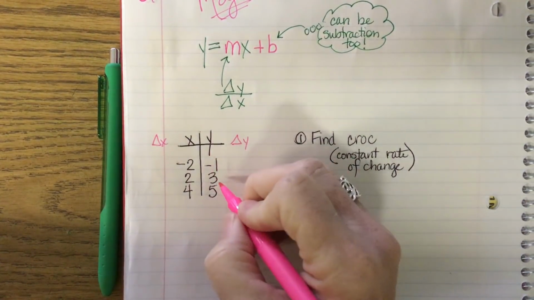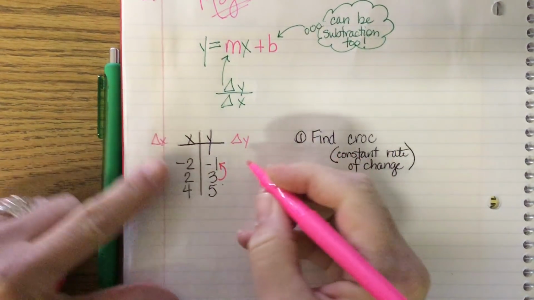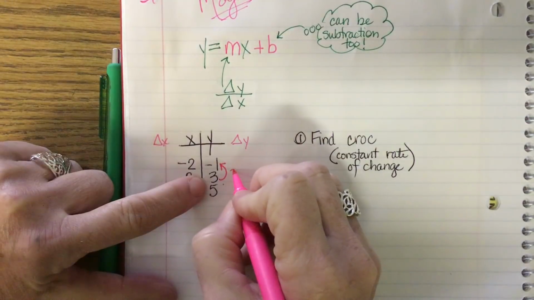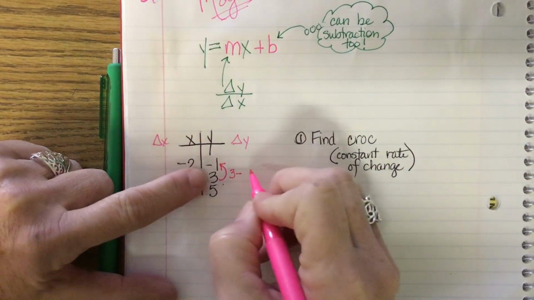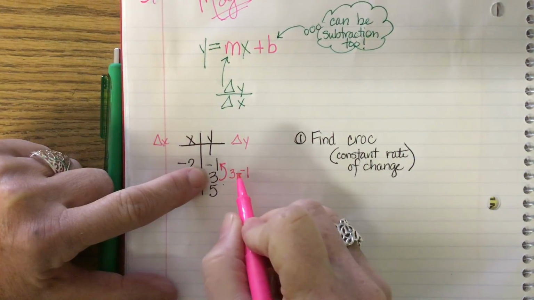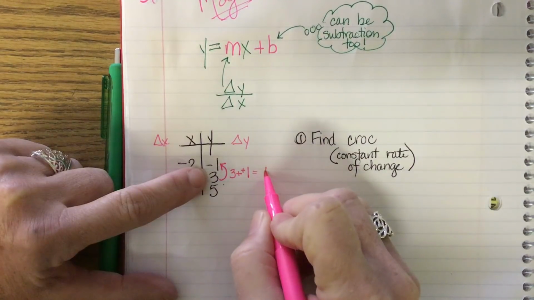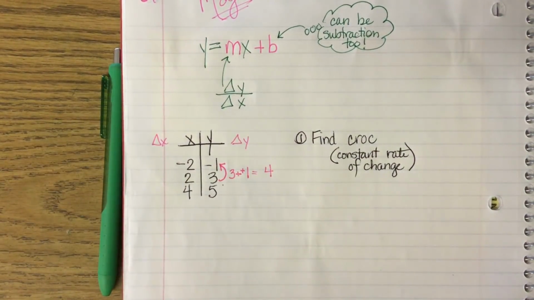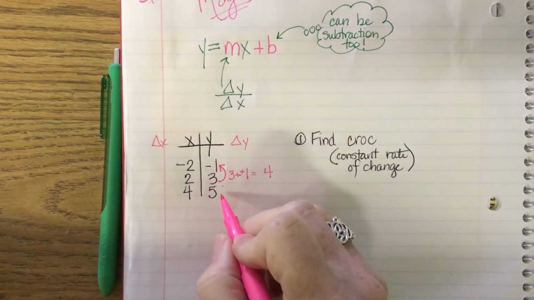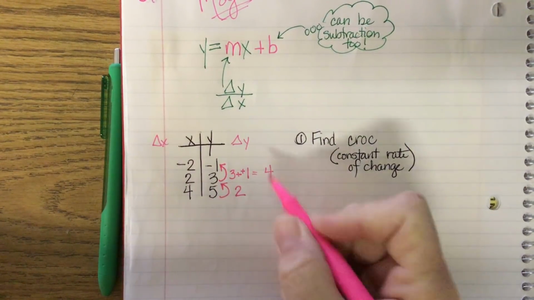What that means is you take the y, and you find the change between the two. So 3 minus a -1. Remember that when you subtract a negative, you are adding the opposite. So 3 plus 1 is 4. Then 5 minus 3 is 2.